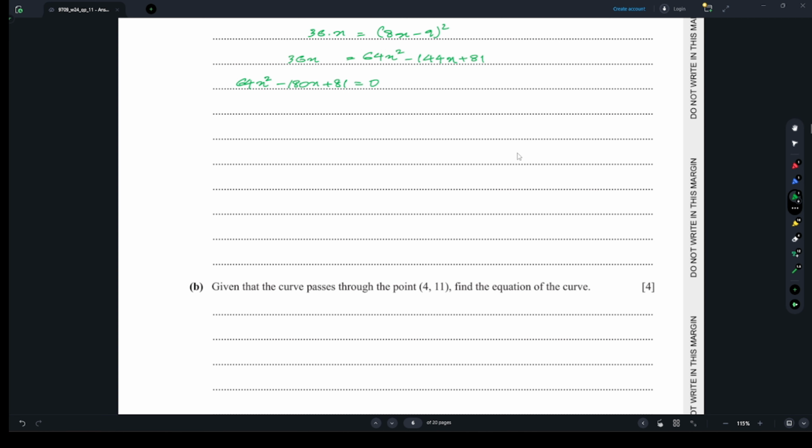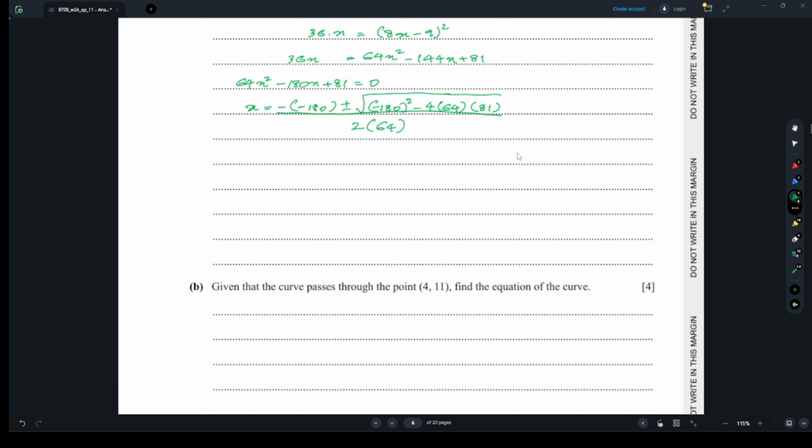Okay, so now you have to solve this one. You can use the formula: x equals minus b plus or minus the square root of b squared minus 4ac, over 2a. So I can write minus b, which is minus minus 180, plus or minus the square root of 180 squared minus 4 times a, which is 64 here, sorry, and c is 81, and divide by 2a, where a is 64.